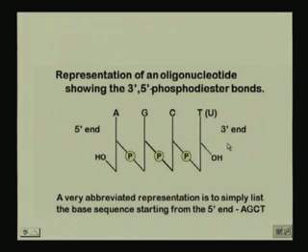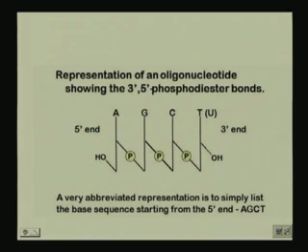Now, usually you know that you have a sugar and you know that you have a phosphate. So, even though this is a representation that makes it easier to understand how the cleavage actually occurs, you usually do not even write this. You just write the bases. Like I mentioned last time, instead of the polypeptide sequence with the peptide bonds and so on and so forth, you do not write the peptide bonds, you just write the specific amino acids that are linked to one another, because you know they are all linked in the same fashion.